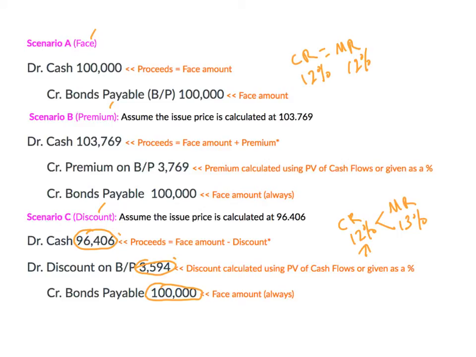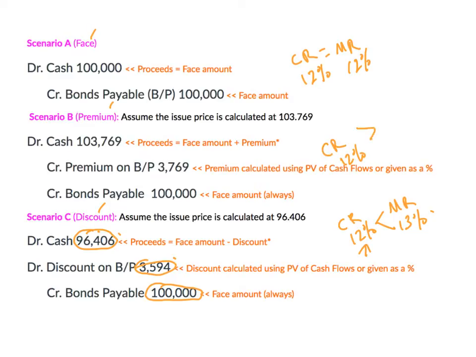But just for now, trust me, that is the discount amount based on this pricing, which is based on the market rate of 13% to come up with that amount.